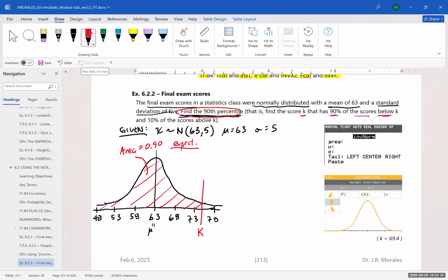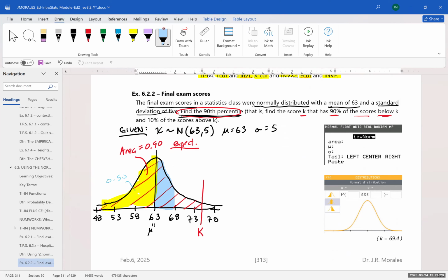We know that half of this area is 50%. What is this area here?